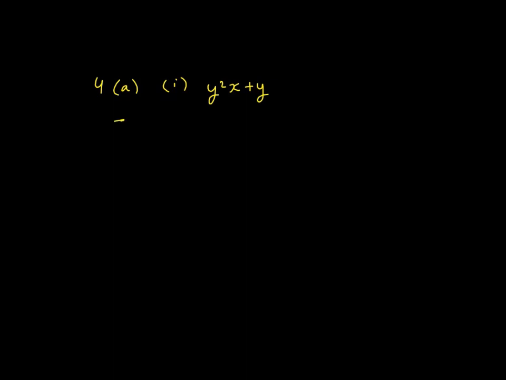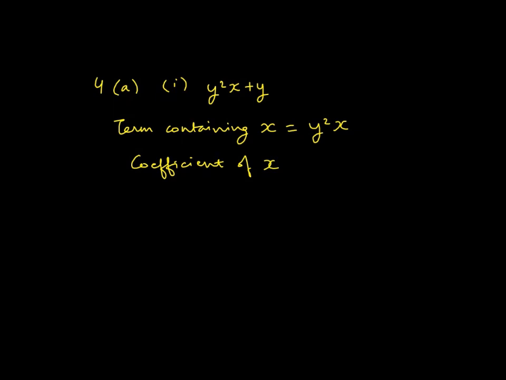So the term containing the variable x is y square x. So we can write the coefficient of x in this. Whatever is getting multiplied with x will be taken as its coefficient. So coefficient of x will be y square.